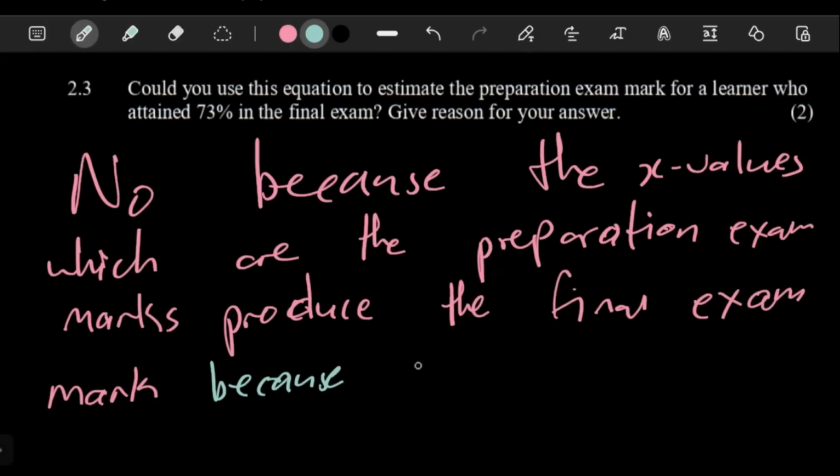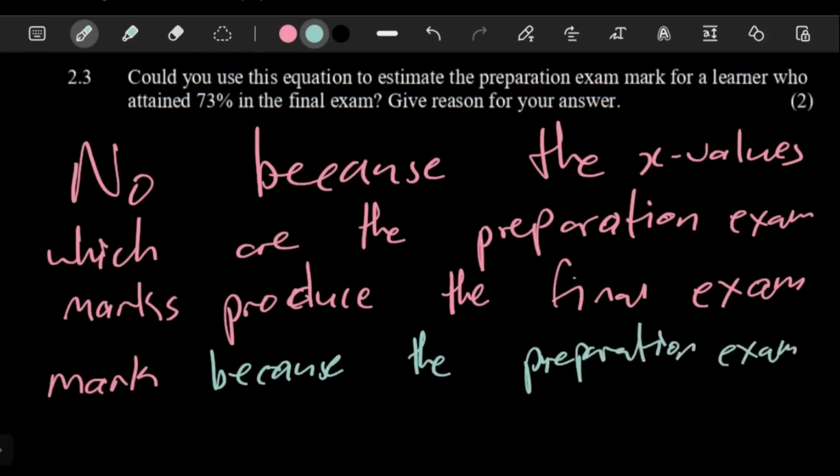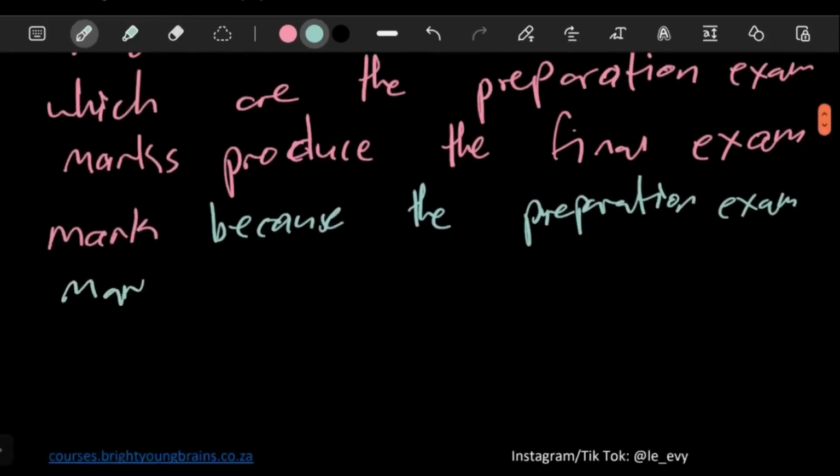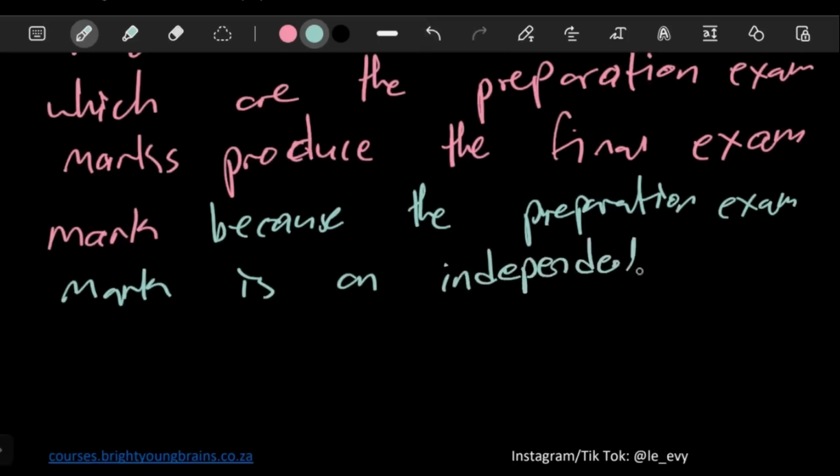So because the preparation exam mark is an independent variable.